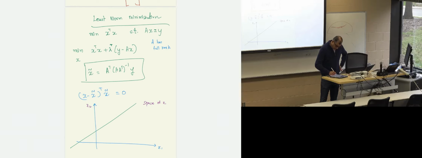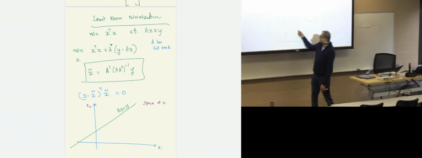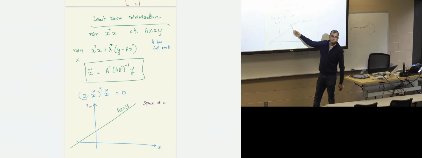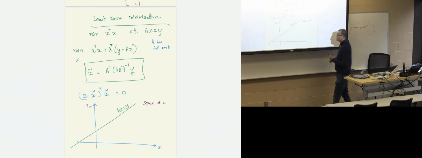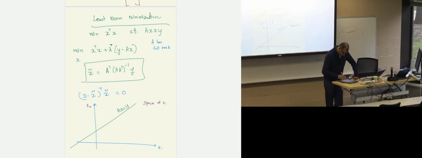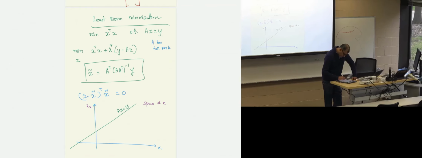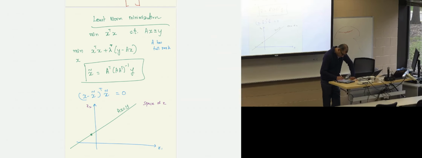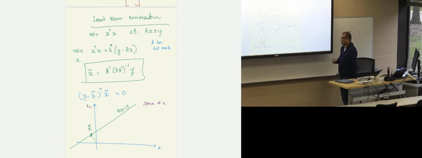Along this line live solutions to Ax equal to y, and this is what the least norm picks.